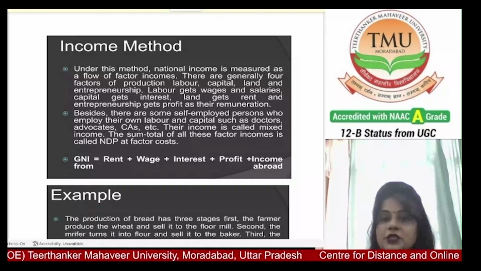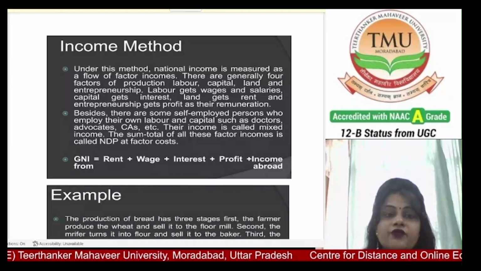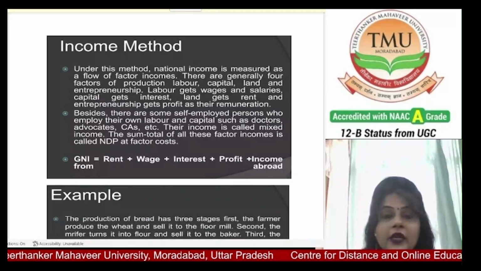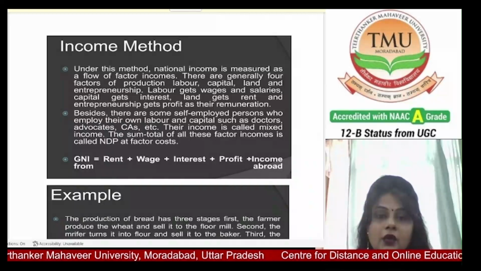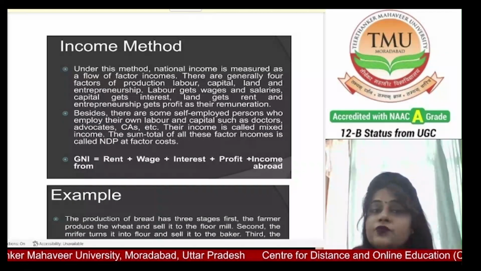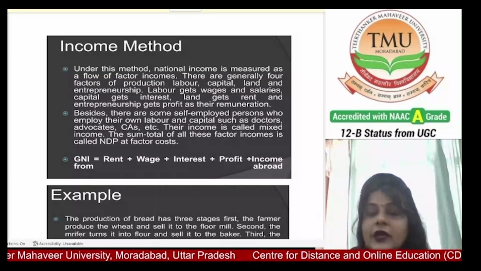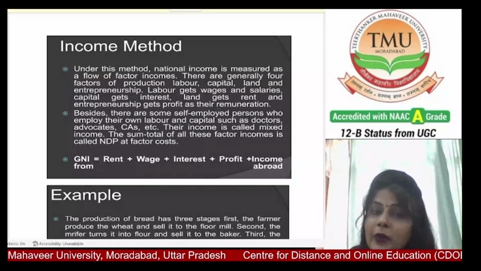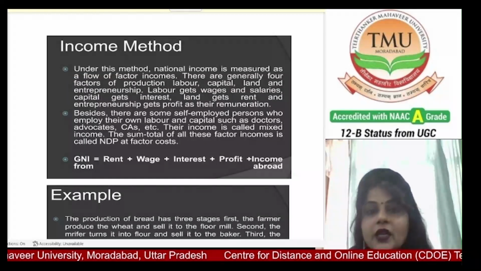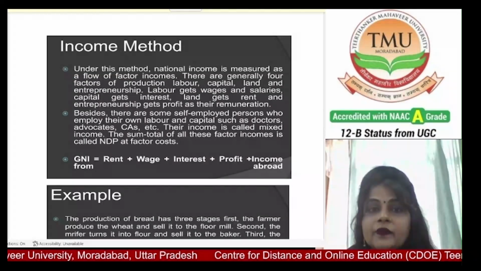COE, that is, compensation of employees, refers to the amount paid to employees directly or indirectly by the employers in exchange for their services. It includes all kinds of payments and benefits received by the employees directly or indirectly.